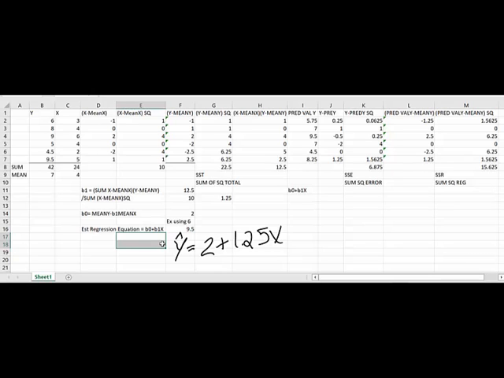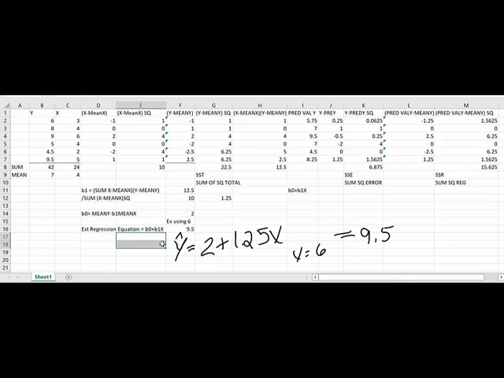For example, in your textbook, they want to say, okay, if the payroll next year is 6 million, and all of these we're using in millions, each x equals a million. So if x is equal to 6, meaning 6 million, if we wanted to calculate our estimate, we'd have 2 plus 1.25 times 6, which would give us 9.5. That would be our prediction.